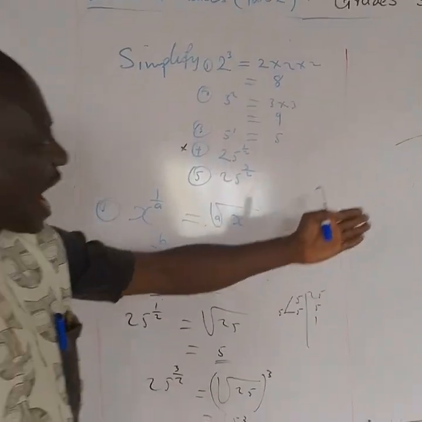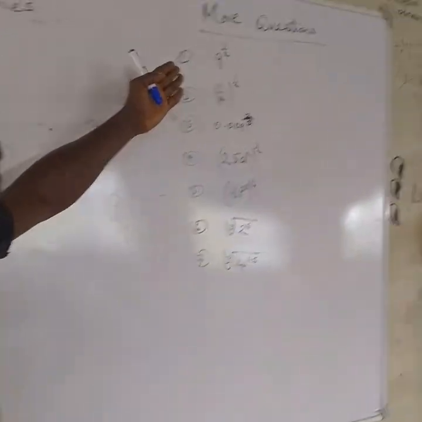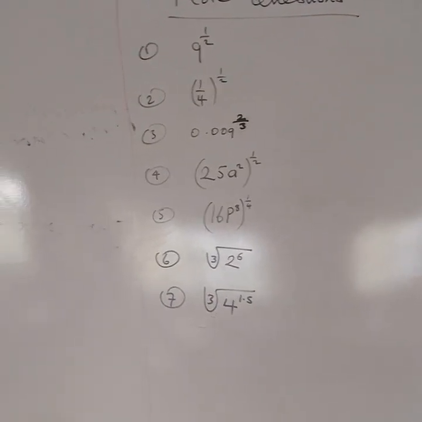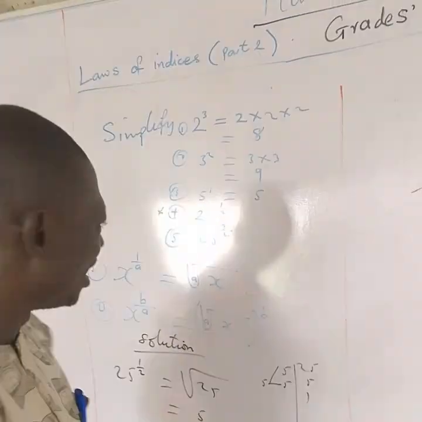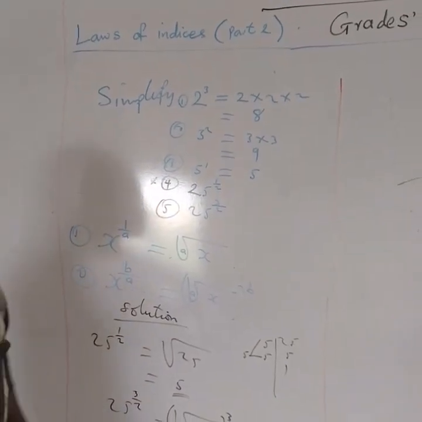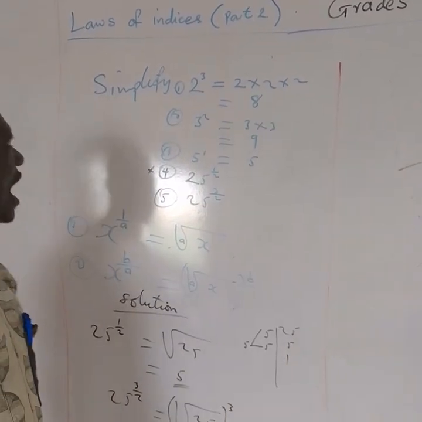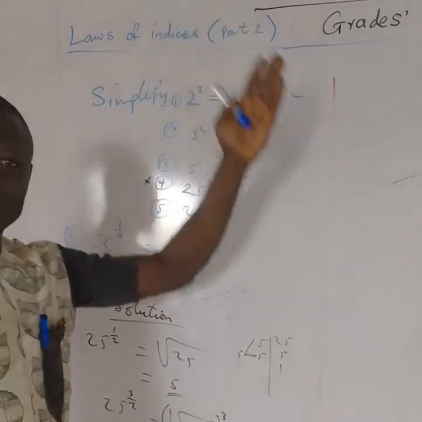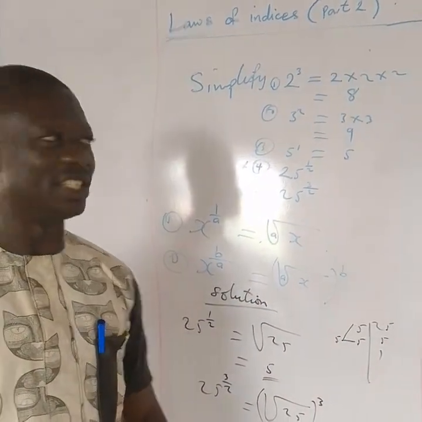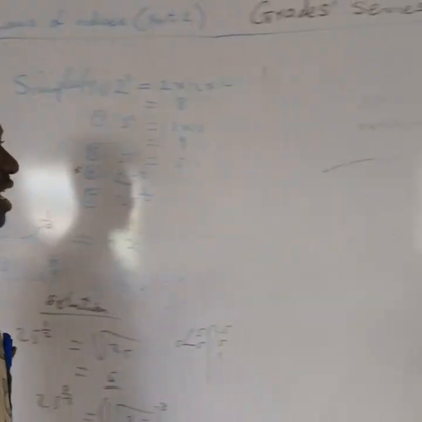Let us use this time to answer more questions, using the same laws in Laws of Indices Part 2. Remember, we have treated Laws of Indices Part 1, which I believe by now you have also watched. Let us answer the more questions here.